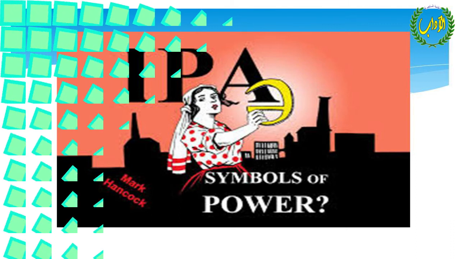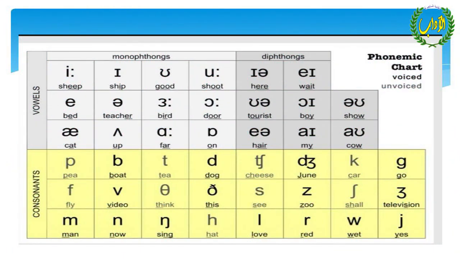This is the phonemic chart of English sounds. These are the basic sounds that can be found in all languages. Let's start with the consonants. Sounds with yellow color are consonants, and those with gray color are vowels, which are also divided into monophthongs and diphthongs. I shall read consonants first and then vowels.